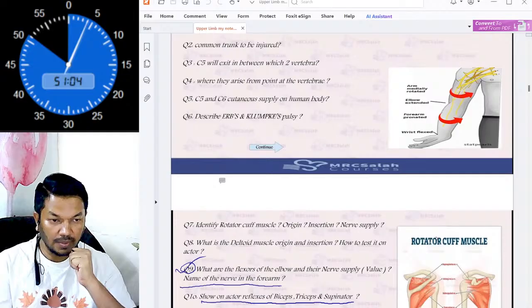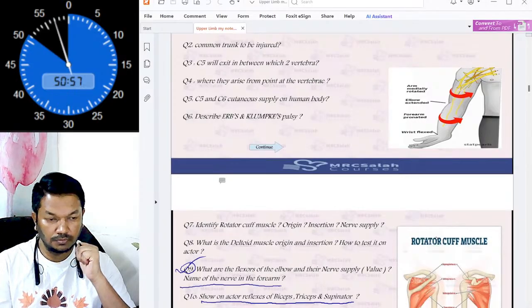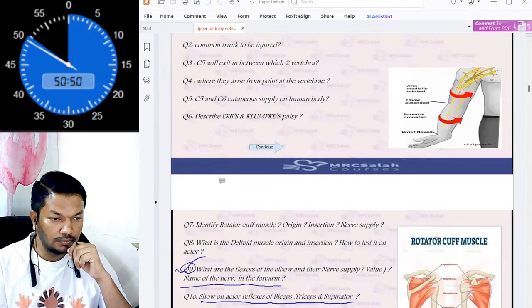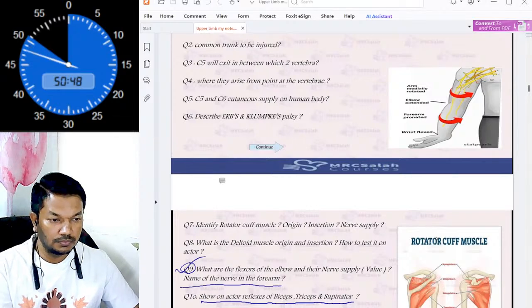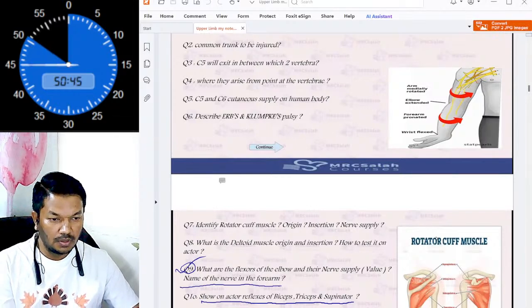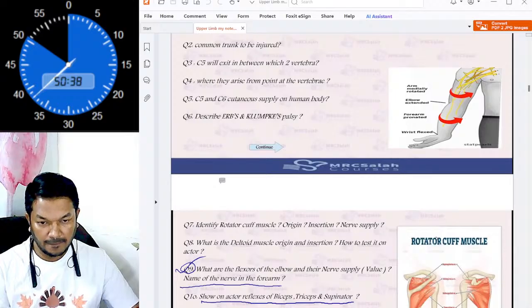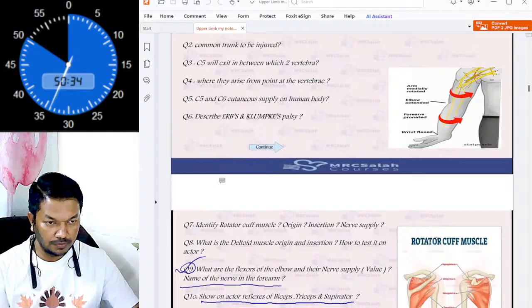And nerve supply: biceps, musculocutaneous nerve; brachialis, musculocutaneous nerve and radial nerve; brachioradialis, radial nerve; flexor carpi radialis, median nerve; and pronator teres, median nerve. It's the lateral cutaneous nerve of the forearm, a branch of the musculocutaneous nerve.